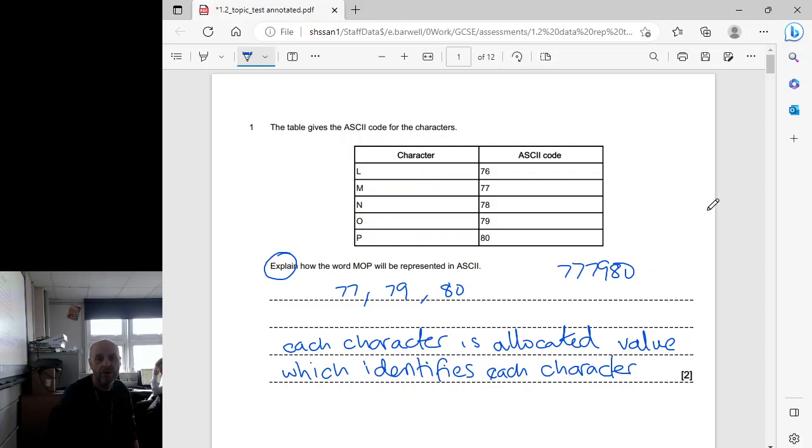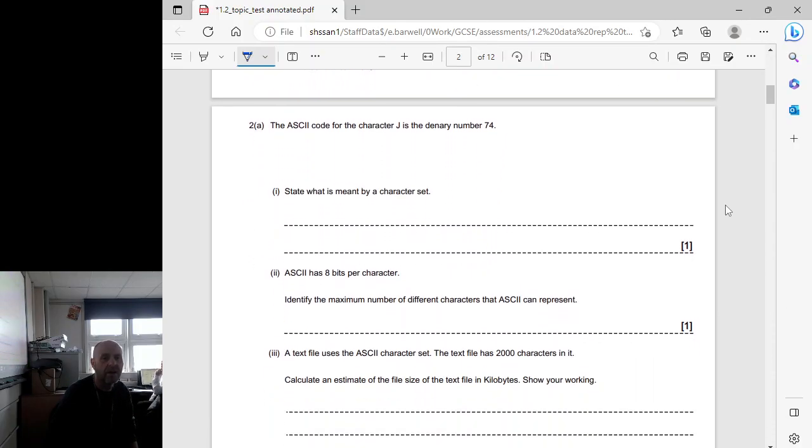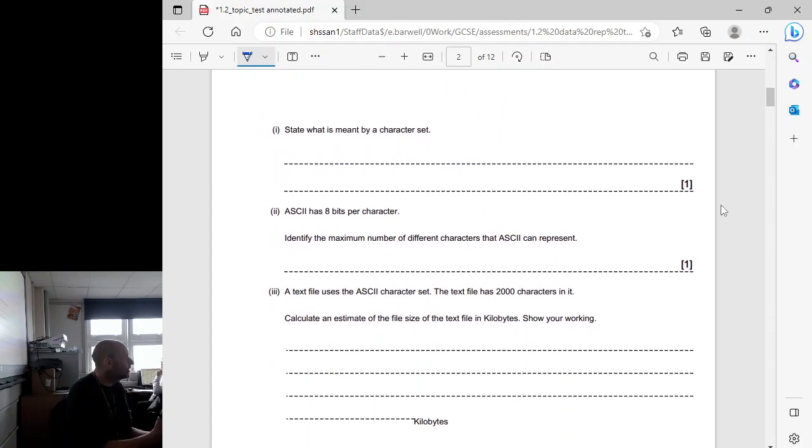Right, okay, so moving on. That was like a start-me question. Then this, definitions. You have got to nail down definitions. So what is a character set? It is the set of characters that a computer can represent. Character sets are different for different computer systems. So that's all it is.